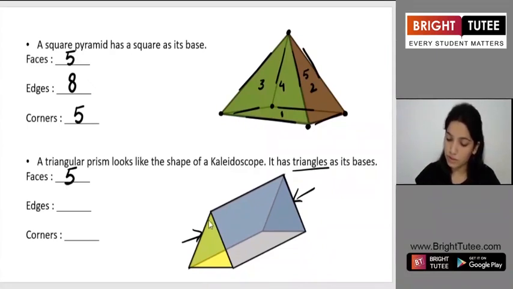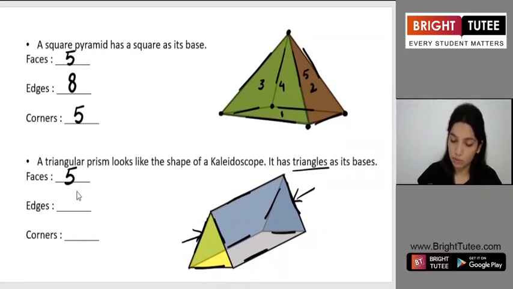Now the number of edges. So the line segments are basically 1, 2, 3, 4, 5, 6, 7, 8 and 9. So the total number of edges is 9. Now let's count all the corners that we have here. So 1, 2, 3, 4, 5 and 6.